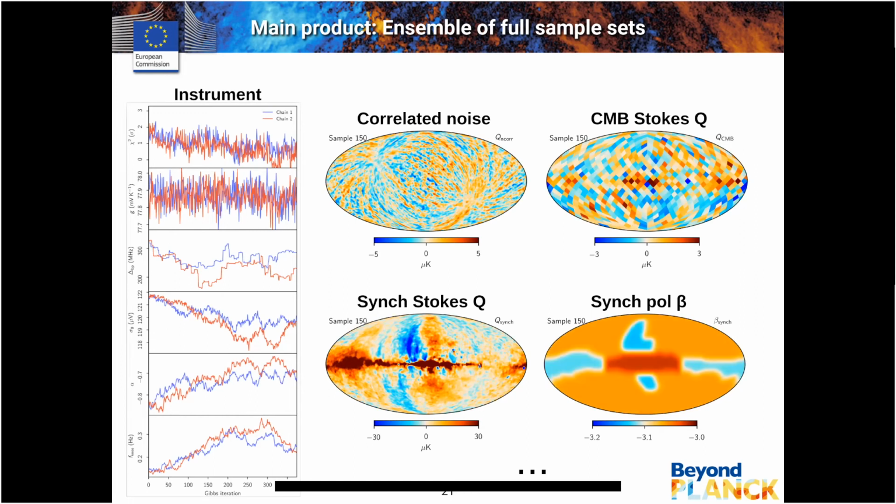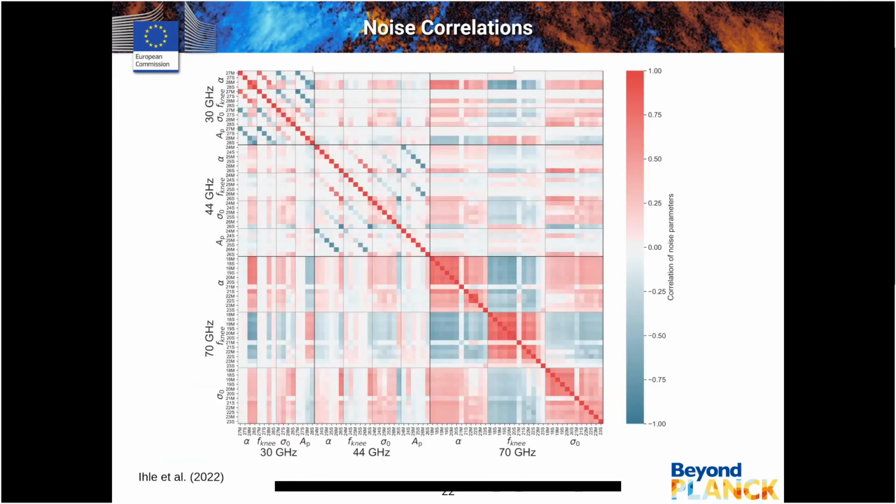This is obviously a very powerful method that allows us to do things that otherwise couldn't be done. One thing we've gotten out is noise correlations. These are our noise parameters for each of the channels. We've got 4 parameters at 30 and 44 gigahertz because we added this extra log normal term, and then 3 parameters at 70 gigahertz where the log normal term wasn't required.